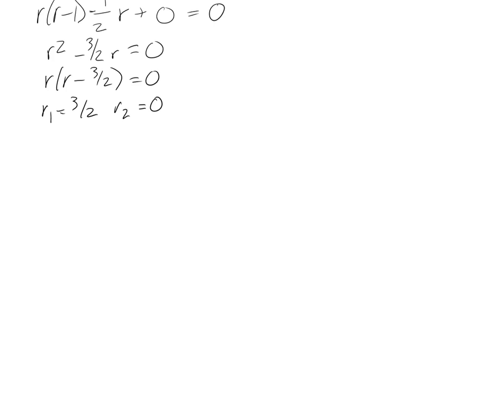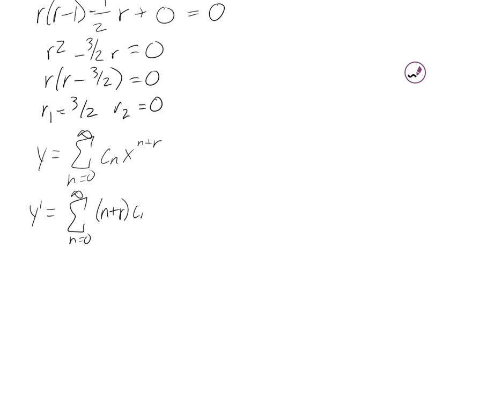But first, we are going to use the series. So we have y equals the sum from n equals 0 to infinity of c sub n x to the n plus r. Then we find the derivatives: y prime equals the sum from n equals 0 to infinity of n plus r times c sub n x to the n plus r minus 1.